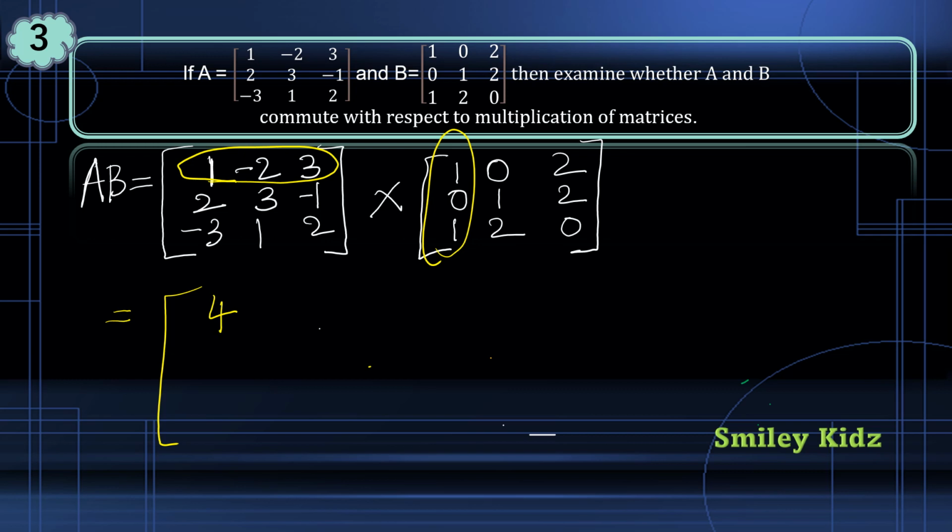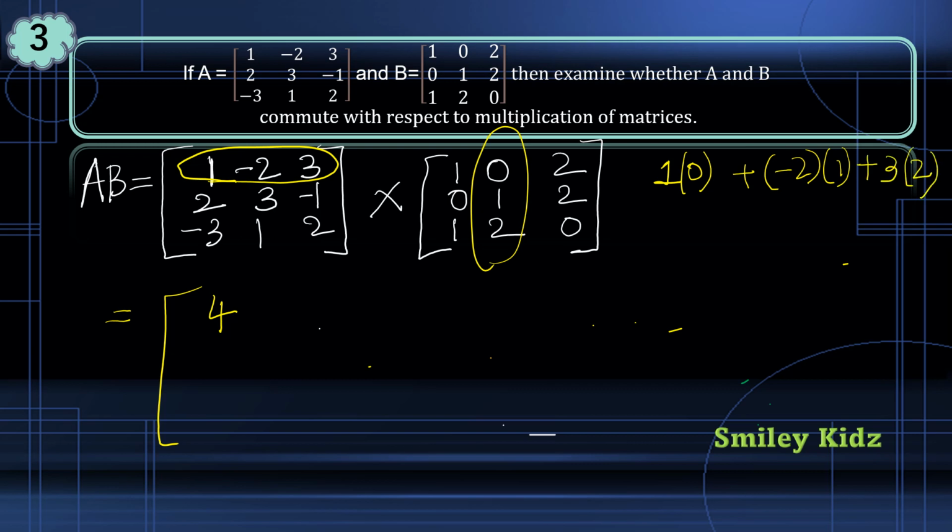Then I am taking column 2. That is going to be 1 into 0 plus minus 2 into 1 plus 3 into 2. So this is 0 minus 2 plus 6, which is 4. So here again I'm going to have 4.